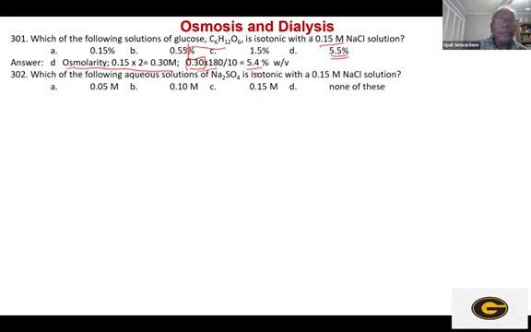Which of the following solutions is isotonic to... osmolarity is 0.30 molar here. This has 3 ions. Therefore, this should be 0.3.